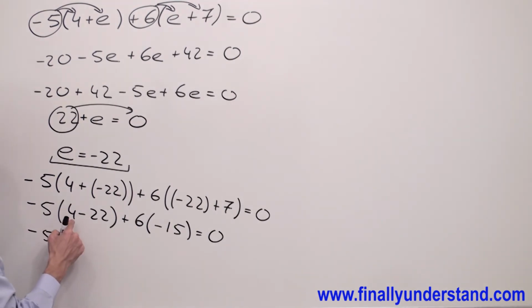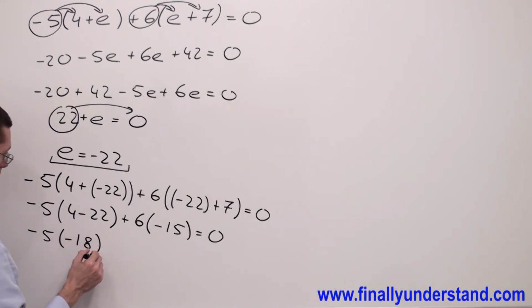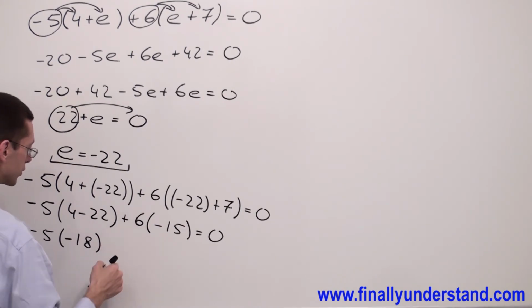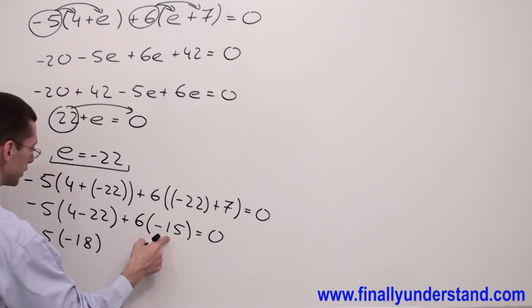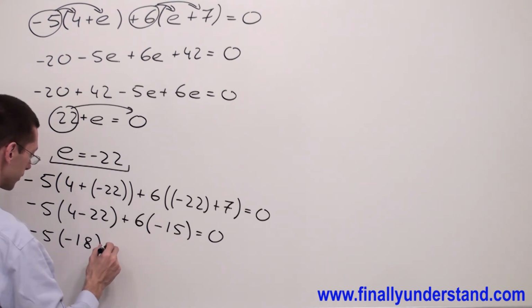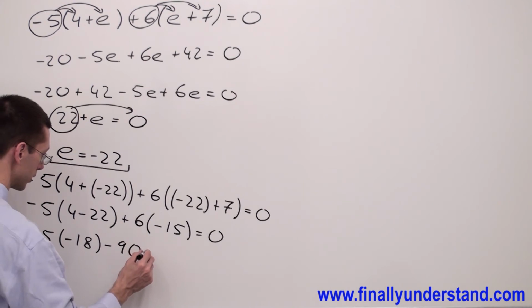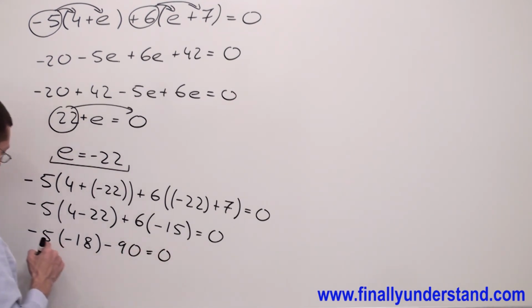-5, do the operation inside of the parenthesis first. 4 minus 22 is equal to -18. And I have 6 times -15, which is -90, equals 0. -5 times -18 is 90.